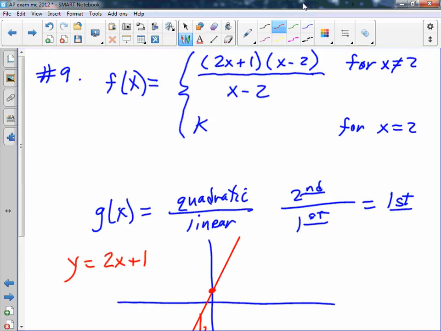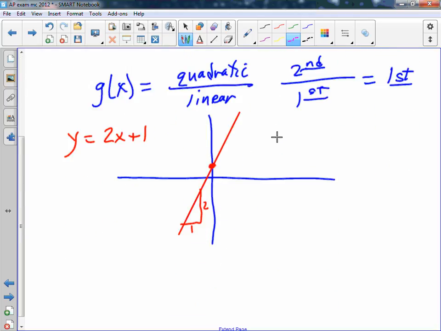What happened? These guys divide and become 1, but don't lose a root here is the only warning I will give you. This is just y equals 2x plus 1. It's just a line, but as Calvin said, it has that one special characteristic.